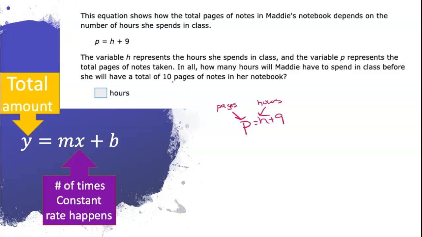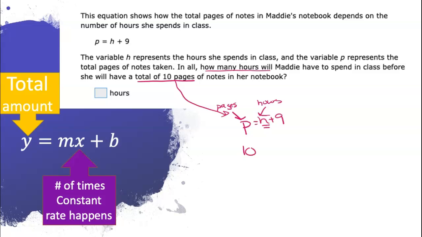Okay. In all, how many hours will Maddie have to spend in class before she will have a total of 10 pages? How many hours? So I don't know the hours. Well, that's going to go here for P, so I'm going to rewrite this.